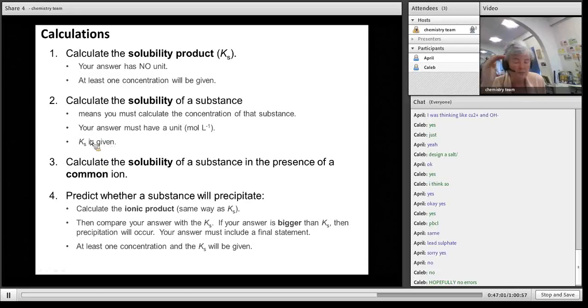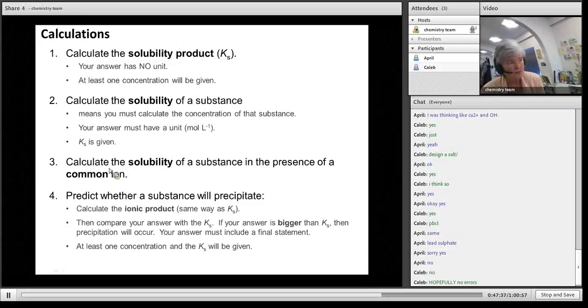It may mean that in the exam they give you part A and part B and part C, so if you're busy with part C, you may have to go back to the intro of the question and find the Ks value there, because I've noticed some exam papers give it just at the beginning and not during the question. So you may have to look for it, but it will be given if you are asked for a solubility.